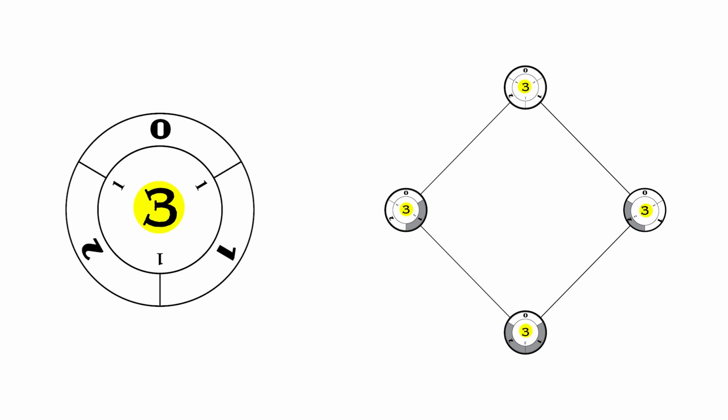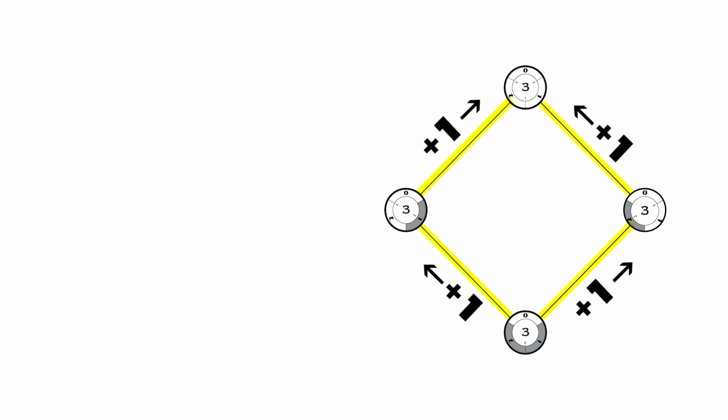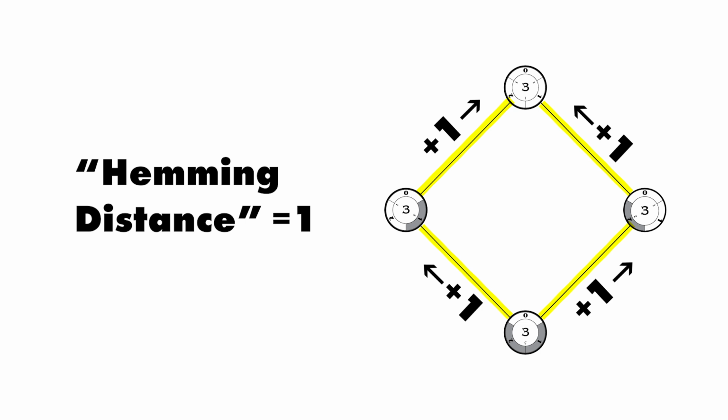The large number at the center of the disc simply tells us how many beats there are in a cycle. The lines connecting the discs display rhythms that can be attained by subtracting or adding one onset, or a Hamming distance of 1.